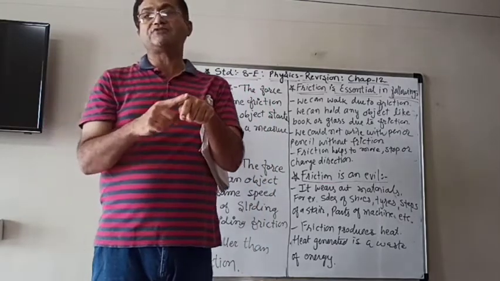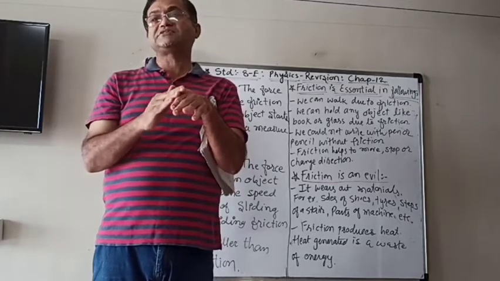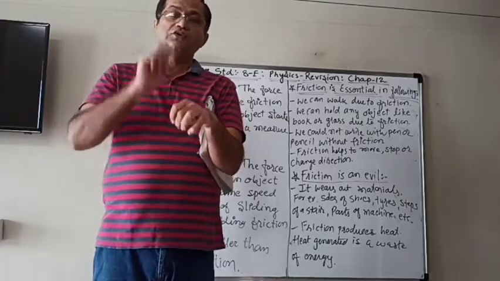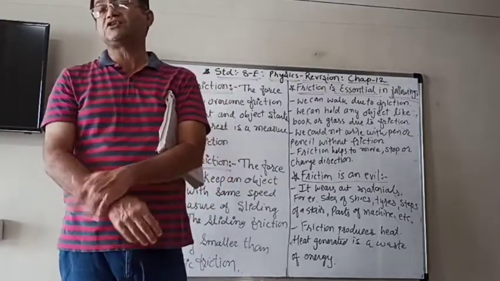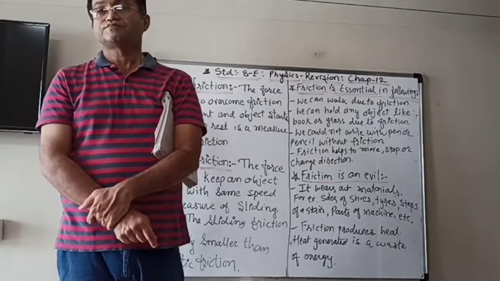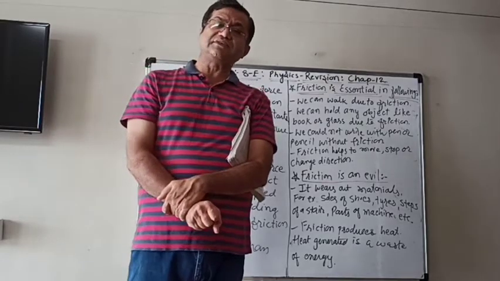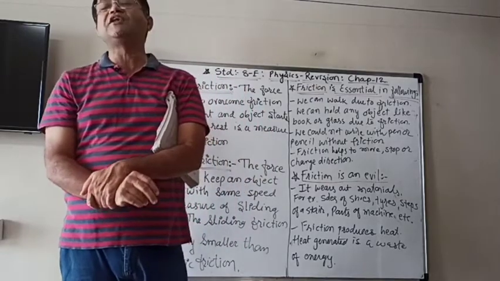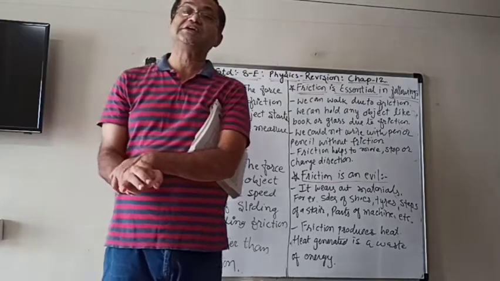And you know that sometimes when it is wet or that surface has become smoother because of more use, you rub but the matchstick does not start burning because the friction is less. So here, as I told you, friction is our friend also, and friction is evil also. So it is known as a necessary evil.